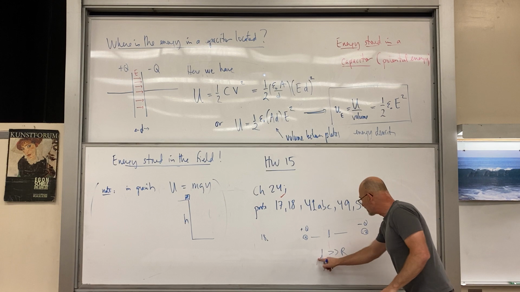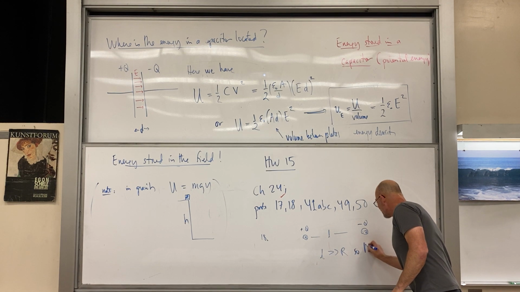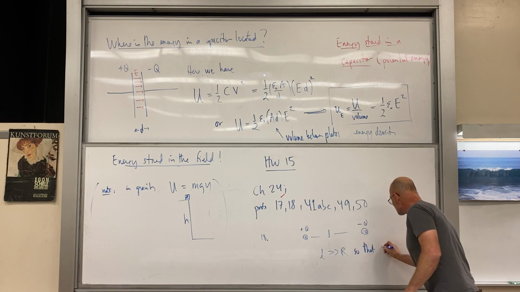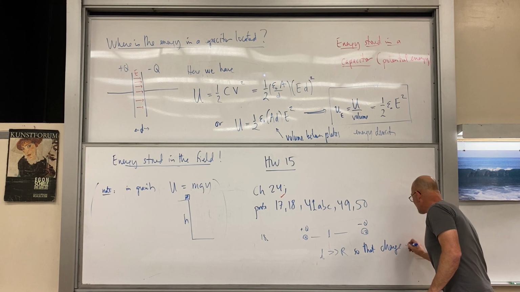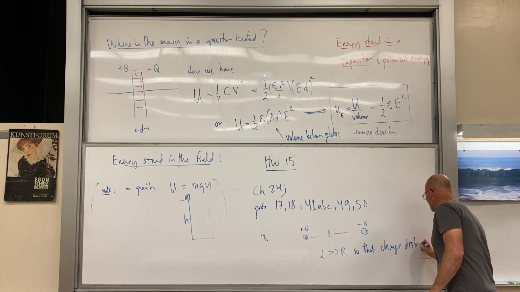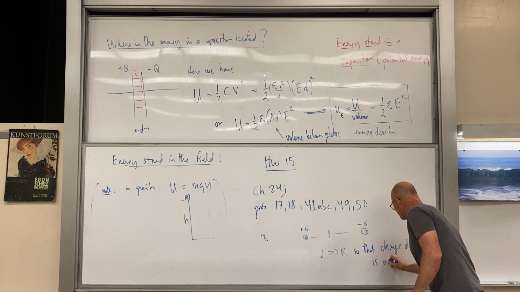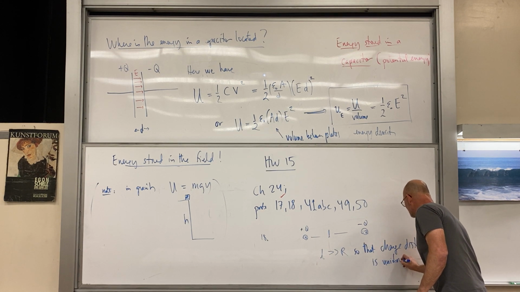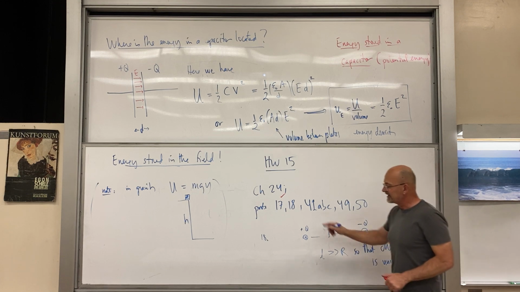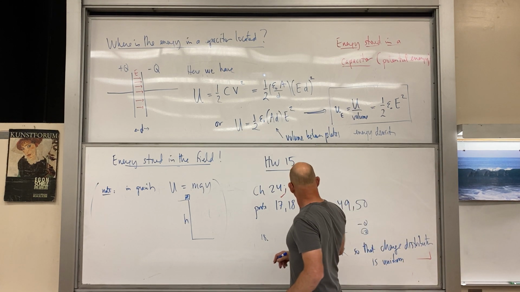So I'll write that here: L much greater than R, so that charge distribution is uniform. And then there's no problem, it's easy. Good problem. So that's 18.